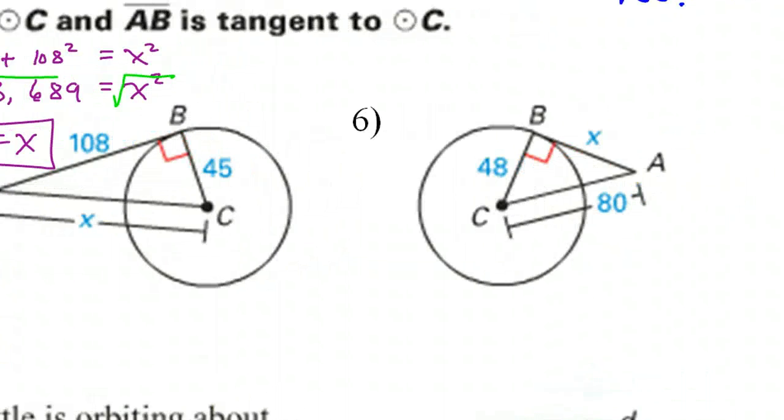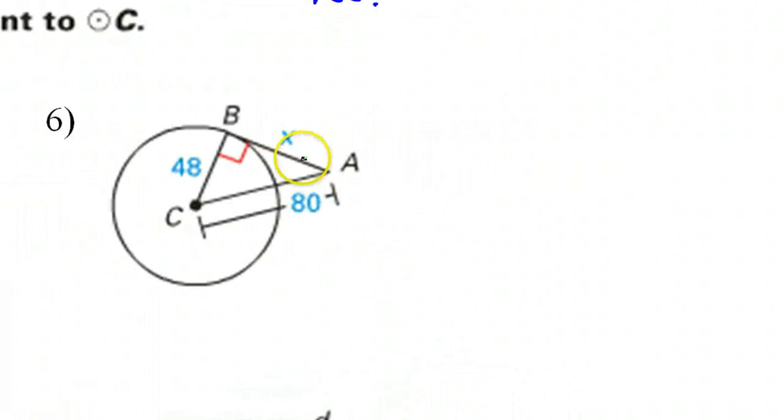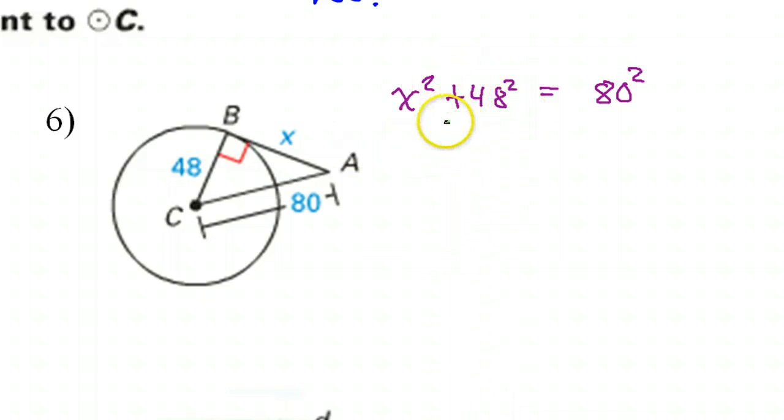Okay, and now for number 6, I'm still going to set this up using the Pythagorean theorem, but I am going to do one thing that's a little bit different. So I've got x squared plus 48 squared is equal to 80 squared. Now, here's how I solve the Pythagorean theorem when nobody's looking.